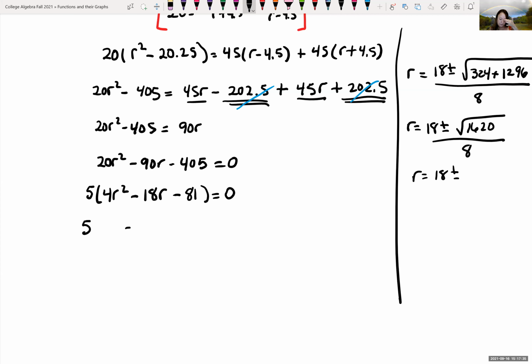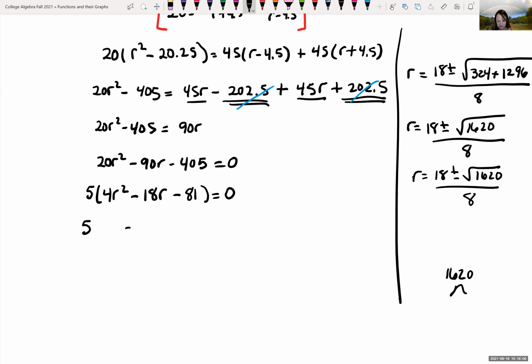Okay. All over 8. I'm thinking I can pull stuff out if I wanted to. I see that 1,620 at least has 4 that goes in there, which is a perfect square.